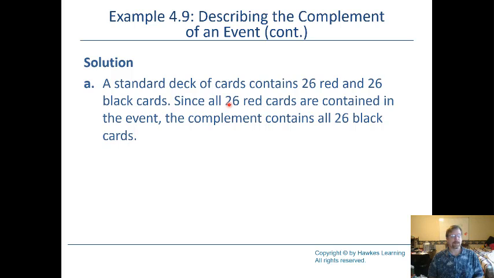Okay. Since there are 52 cards in a deck, each deck contains 4 suits. 2 suits are red, 2 suits are black, typically. So it's 26 red cards and 26 black cards. If you've got 26 red cards, the complementary set is the 26 black cards.